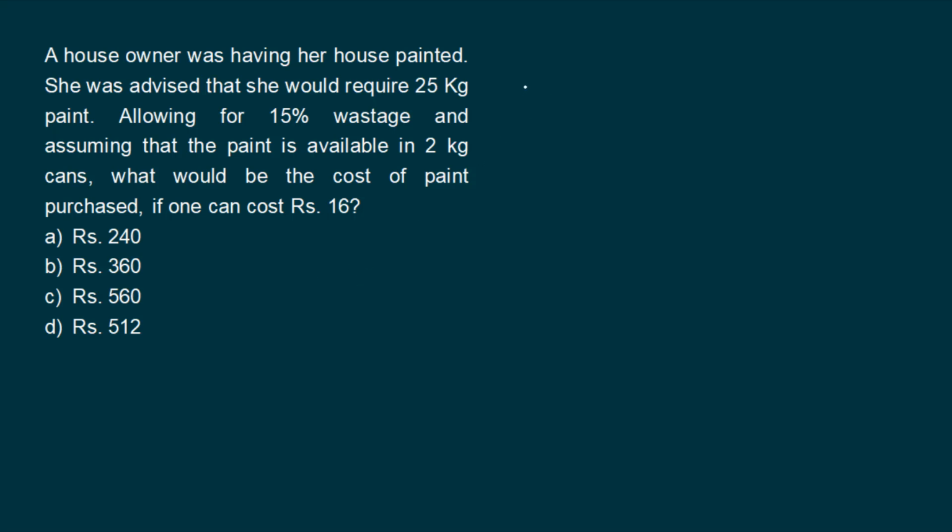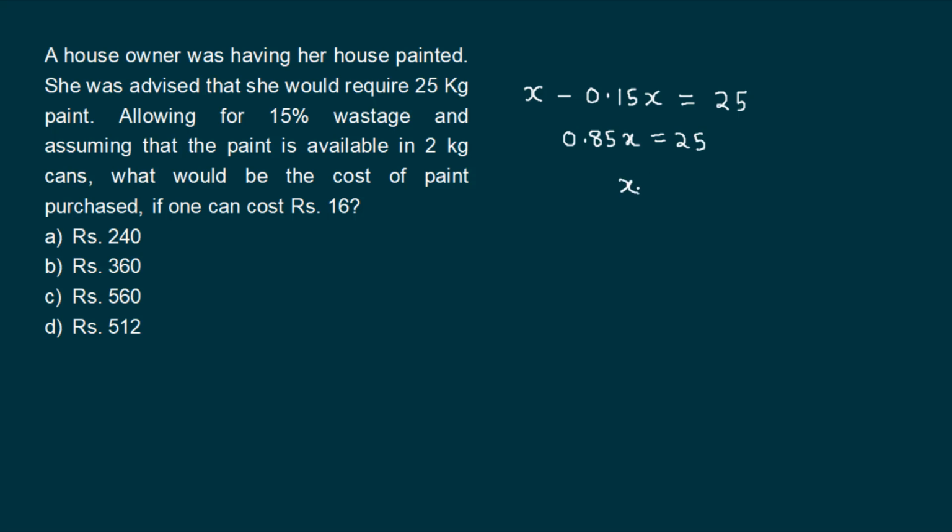Okay, suppose she bought X kgs. Now out of this X kgs, 15% is wastage. That should be equal to the paint required for painting the house. That means 0.85x is 25.